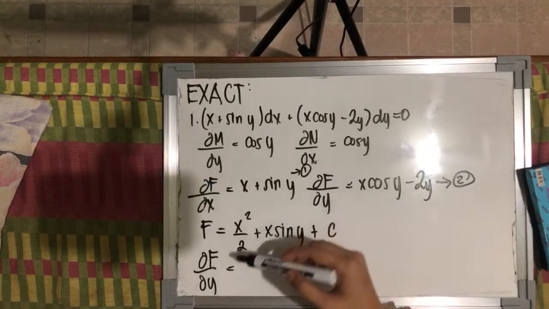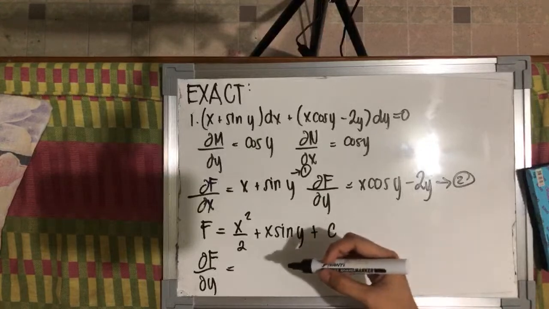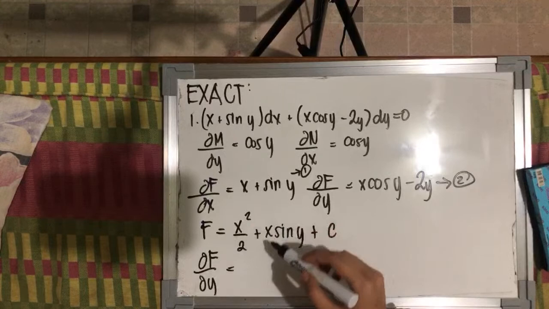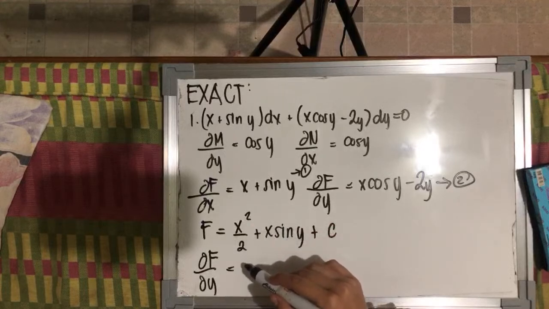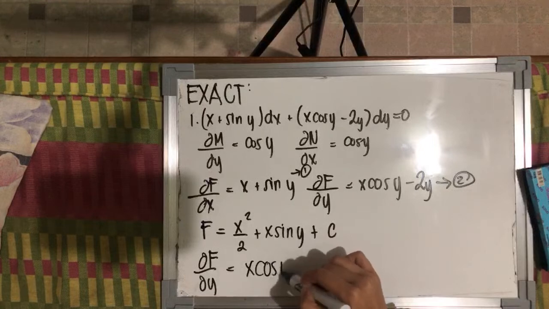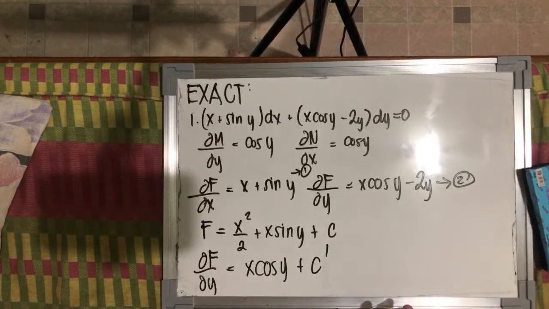So, since with respect to y lang, mawawala na ito. So, magiging x, derivative ng sin y is cosine y, plus c prime.